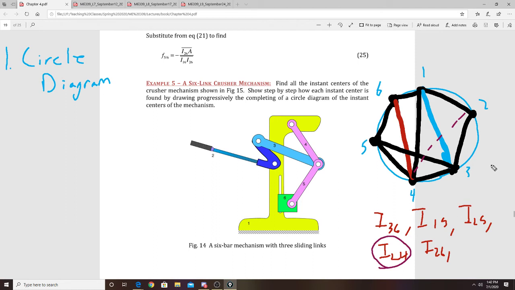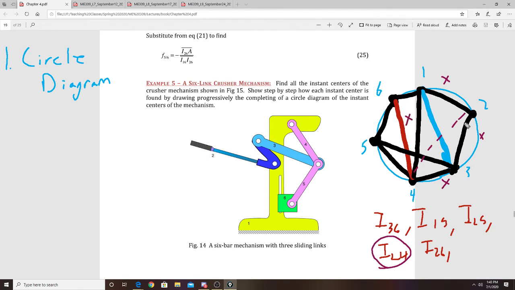So I24, can we find I24 as of now? Anybody have some triangles we can use? Because it looks like we can. What I would suggest using is, my first thought was 2, 3, 3, 4, and then 1, 2, and 1, 4.